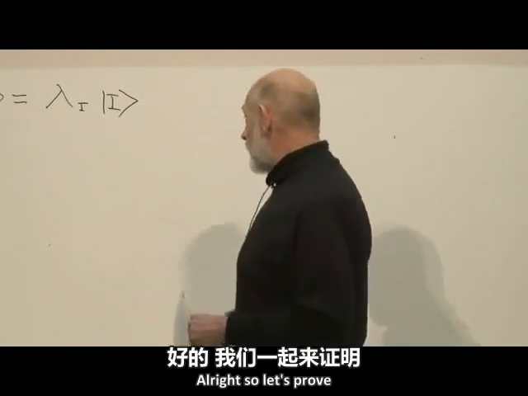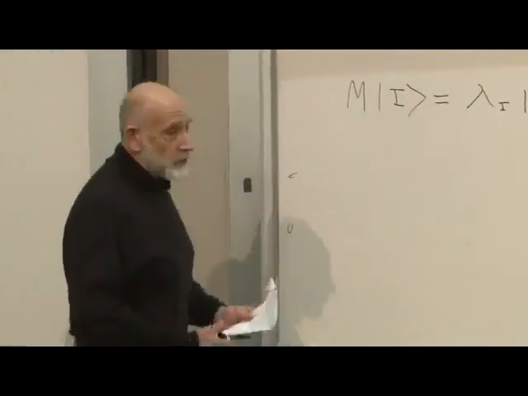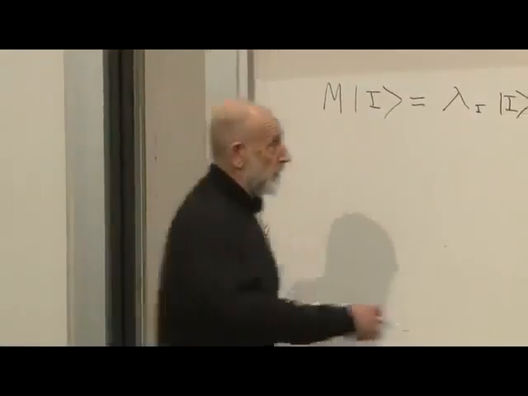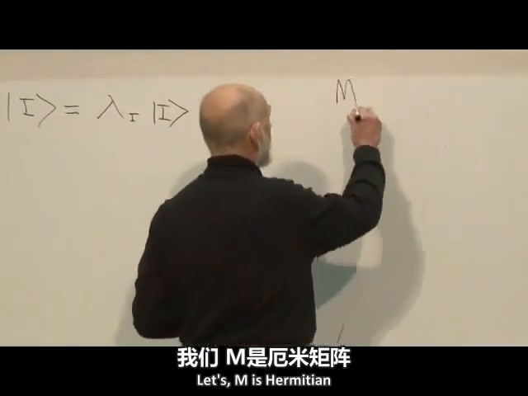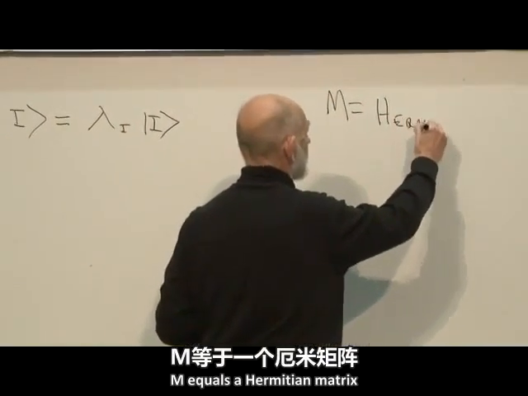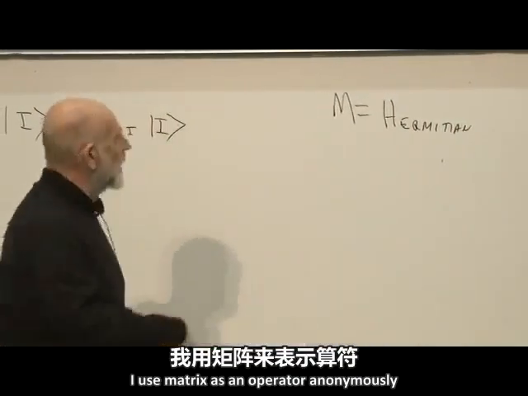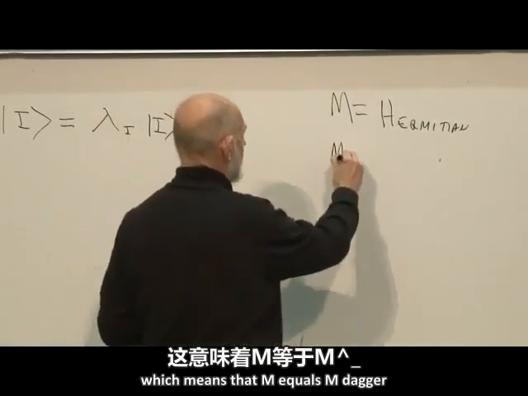All right, so let's prove that if we have two eigenvectors, M is Hermitian. All right, M equals a Hermitian matrix. I use matrix and operator synonymously, which means that M equals M dagger.